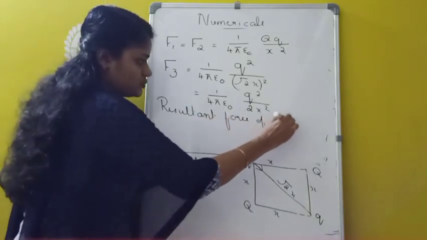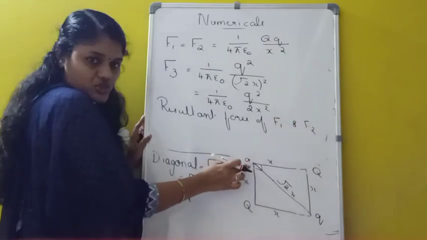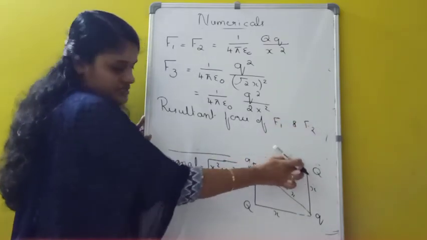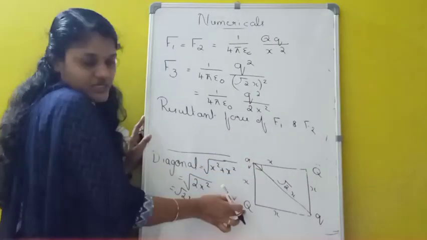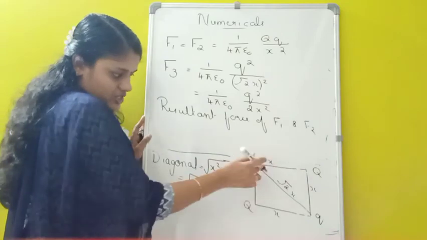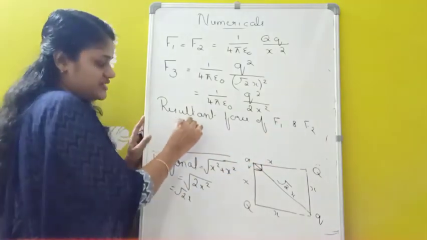F1 is the force acting on this small q charge due to this capital Q charge, and F2 is the force acting on this small q charge due to the other capital Q charge. But these two forces are acting perpendicular, because the angle here is 90 degrees.